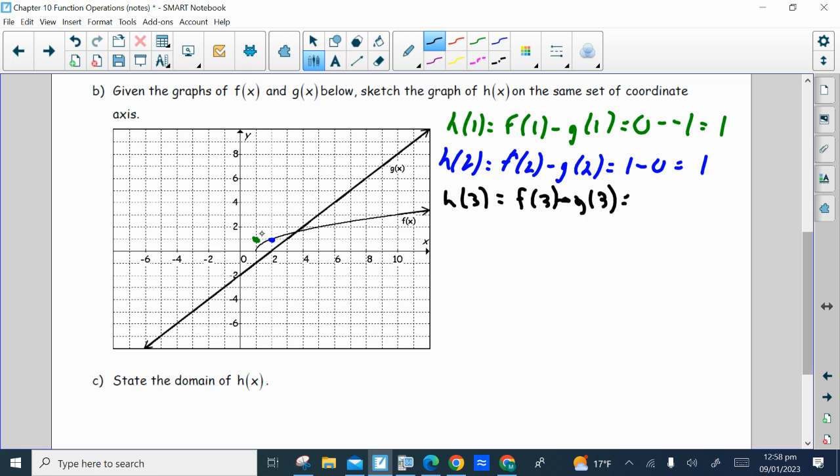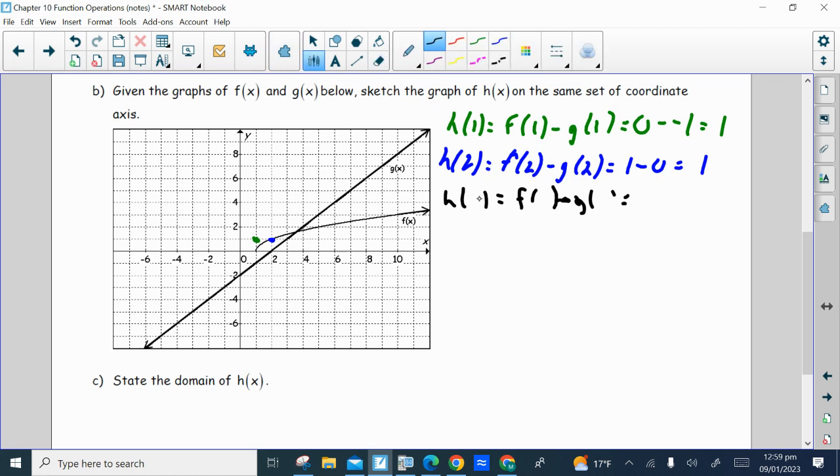On the f at x function, f at 3, well, we've got a bit of a problem here because we don't know exactly what the value of y is at positive 3. In fact, if we look at our graph, it looks like the next place where we know what the value of y is on f is actually when x equals 5. So I'm going to skip to that one.